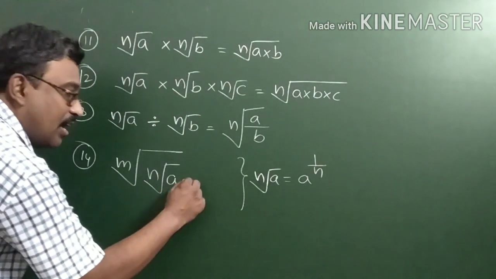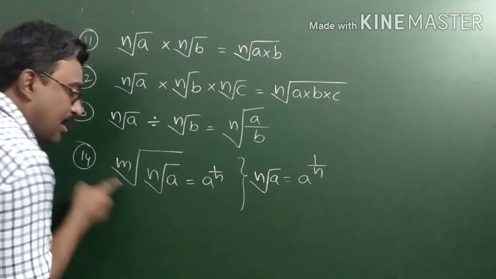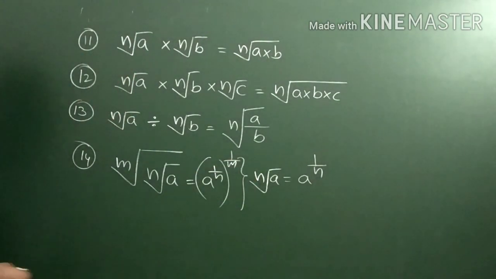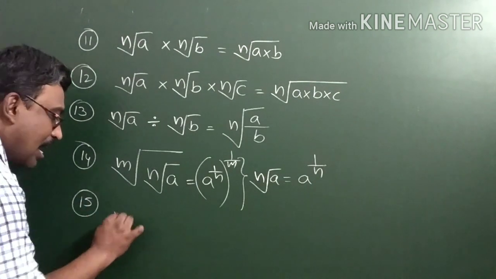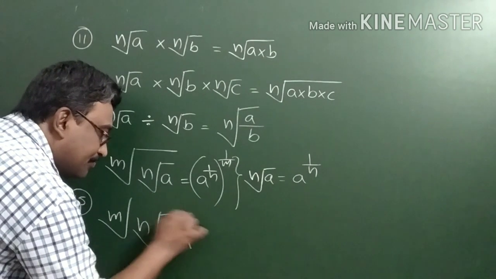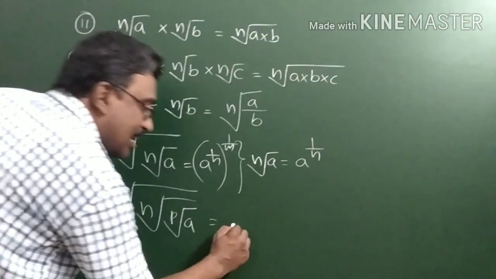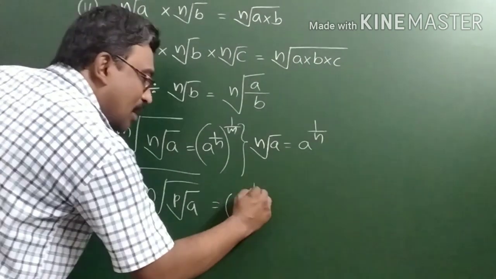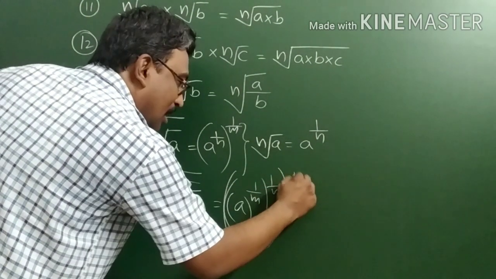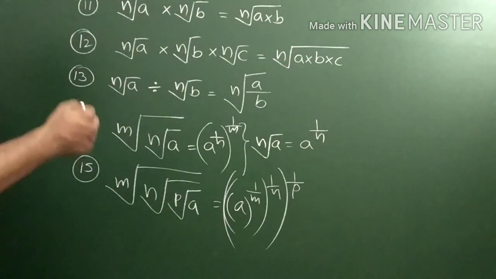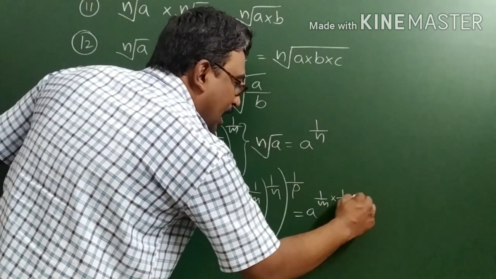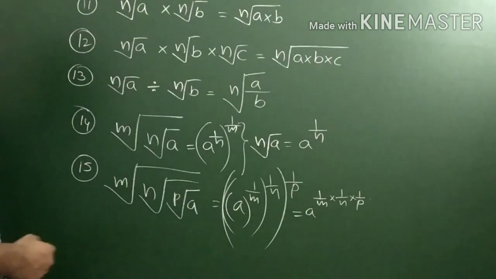Now nth root of a to the power of 1 by m, the same case with pth root of a, then it is a to the power of 1 by m into 1 by n into 1 by p. Okay? You can write simply a to the power of 1 by m, 1 by n into 1 by p.